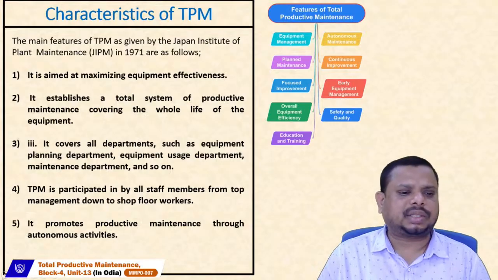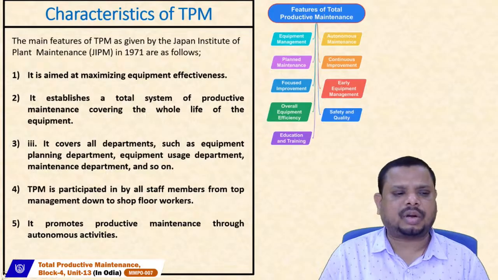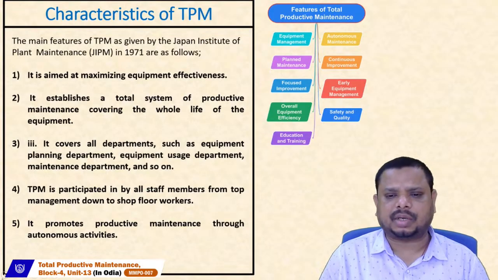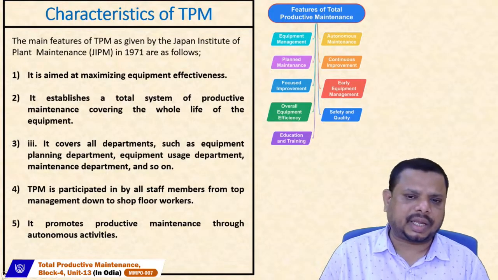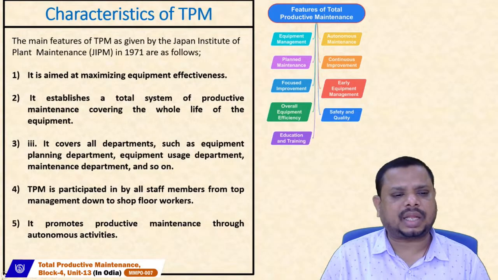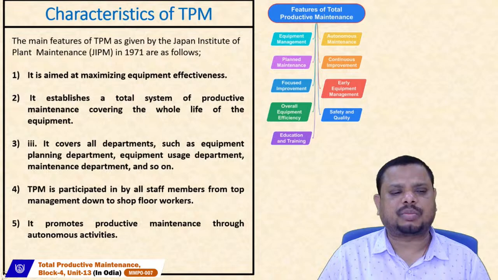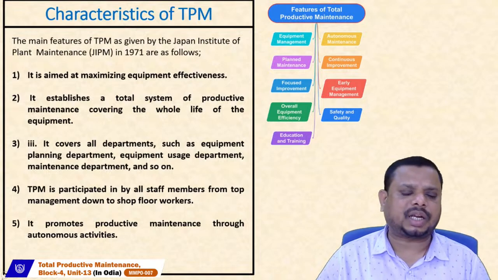The third important part is that it covers all the departments. So who are the departments? The first department is the equipment planning department. In most cases, the mechanical departments and the electrical departments have assigned planning managers or planning engineers. So these two departments basically go for equipment planning, and are known as the equipment planning department.